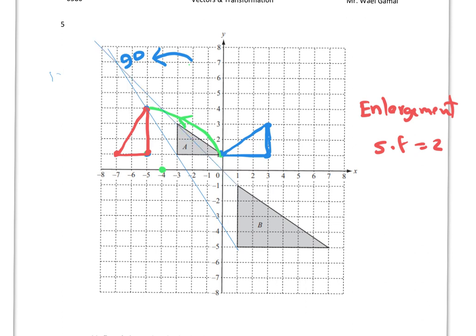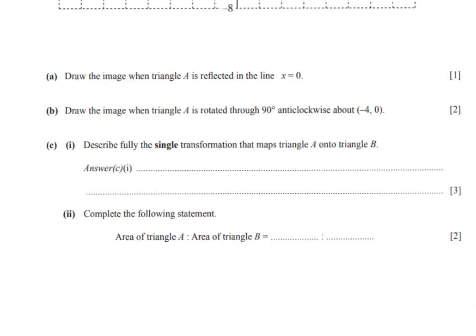The two lines intersect or meet at this point, approximately this point. So -7 and 7. So the center of enlargement is (-7, 7). Negative 7 and 7.